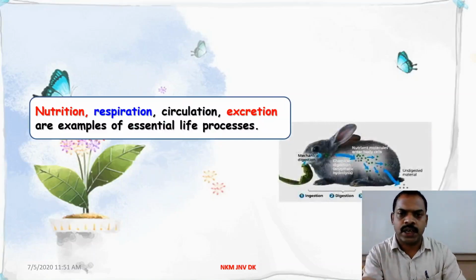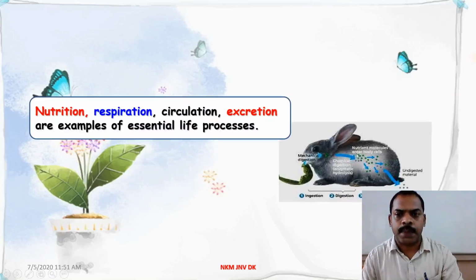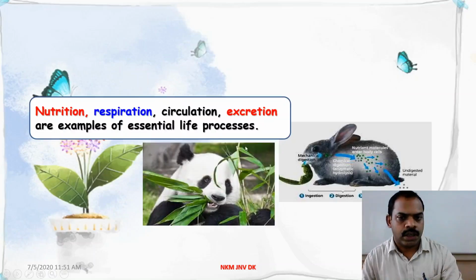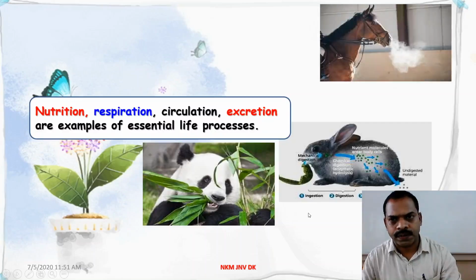Here the rabbit is doing the process of nutrition: taking in the food, digesting it, absorbing it, assimilating it, then eliminating or removing the waste. You can see the panda also does nutrition.